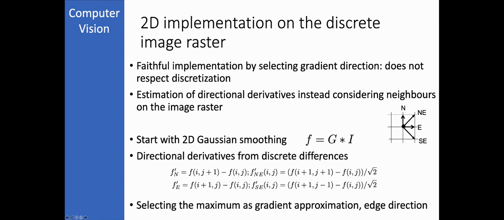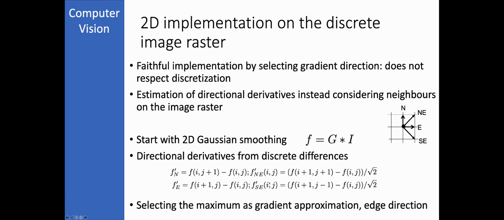First, we will smooth the image I with a Gaussian filter. Then we will compute the derivatives in the north, northeast, east, and southeast directions, really the only directions that we can confidently and faithfully implement respecting the image raster. So we will compute the finite differences of the Gaussian filtered image like this.